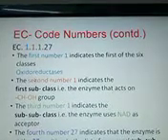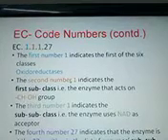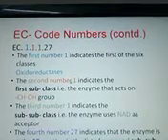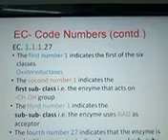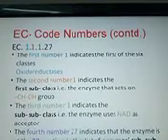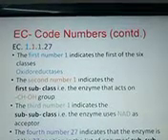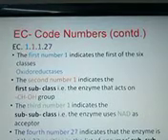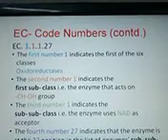The second number 1 indicates the first subclass, that is the enzyme that acts on the CHOH group. There are a number of other subclasses in this class.